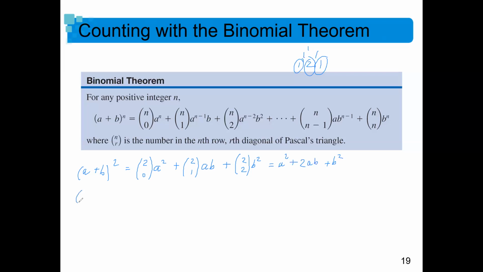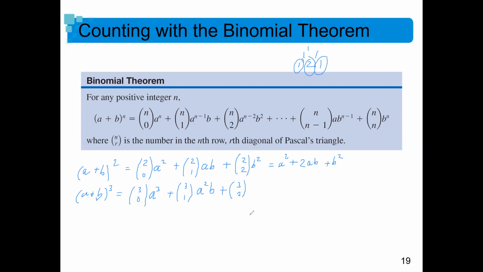So if we do (a + b) cubed, we get 3 choose 0, and then we get a cubed, and b to the 0, no b yet, plus 3 choose 1, a squared, the power of a decreases, and then b appears, plus 3 choose 2.